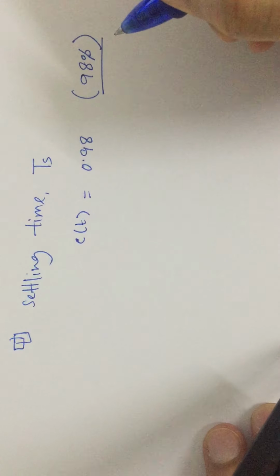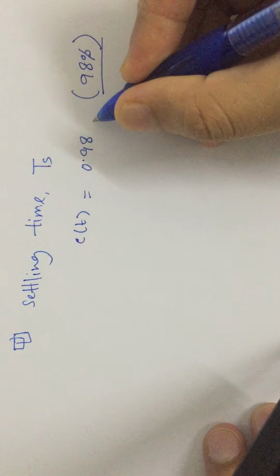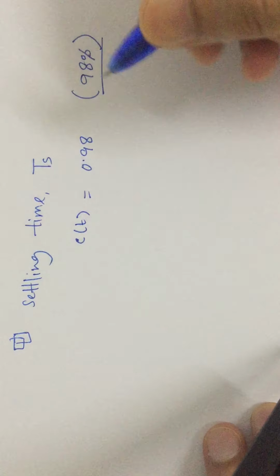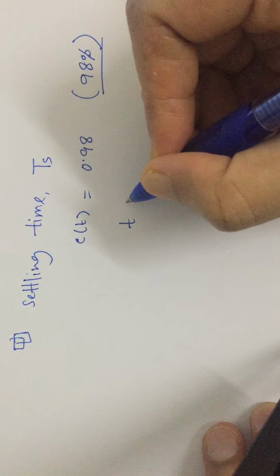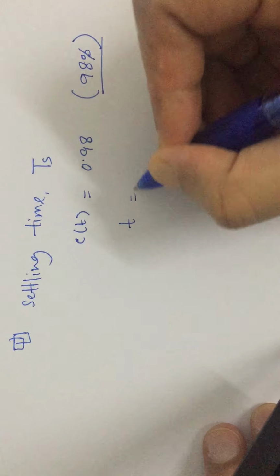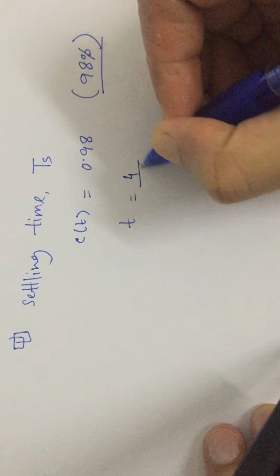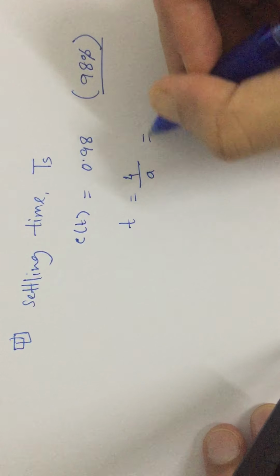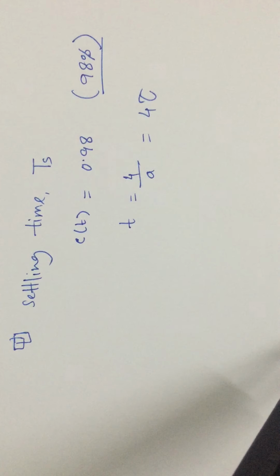You will do the same thing. C of t equals 0.98, and after the same steps you find the TS. I think we have 4 over a, that means 4 tau, 4 time constants. That is for the settling time. So now we go back to the graph again.